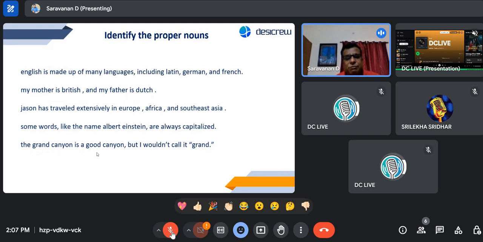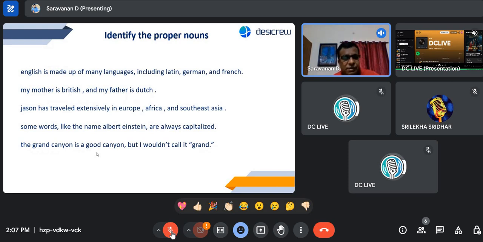Kannada also I have checked. It is not capitalized there. So identify the proper noun. Deliberately, I've ensured the proper noun has not been capitalized. So now it will be a task for us to identify.